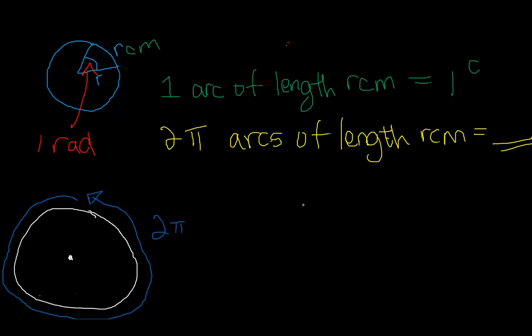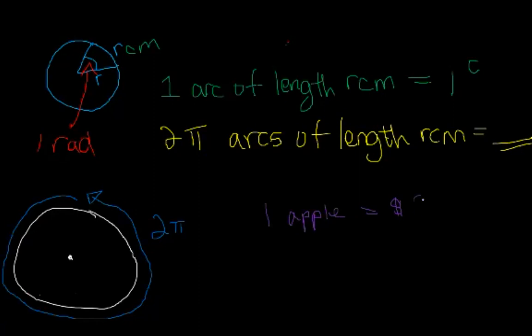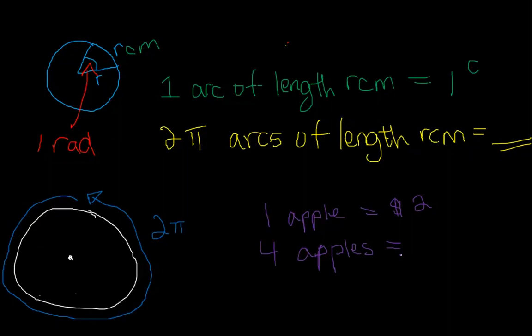Well, when learning math, it's always good to make real life applications. So if I said one apple is equal to $2, and I want to find out the cost of 4 apples. Can anybody tell me what would be the cost of 4 apples? $8.